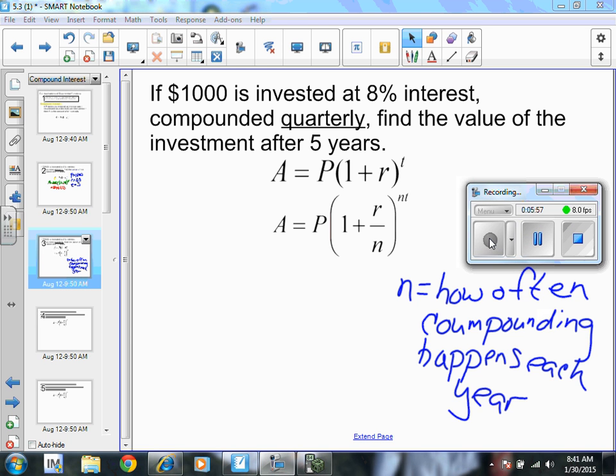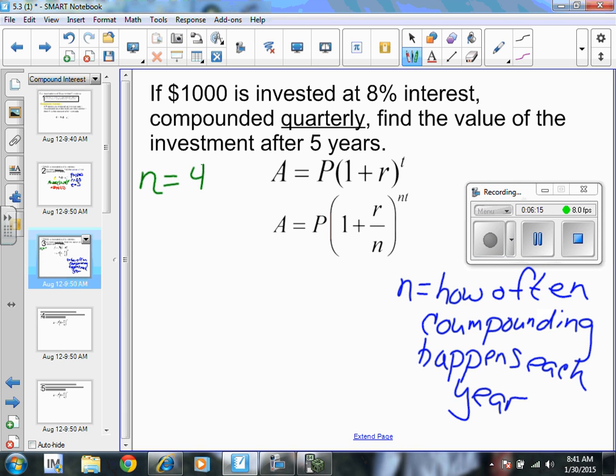All right, so we already know what the principal is, what the interest rate is, and what the time is. None of that has changed since the previous problem. What's the value of n? 4.